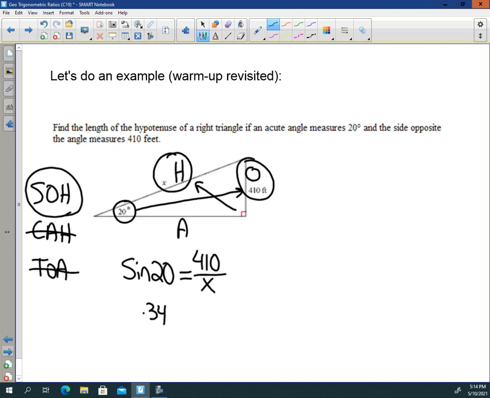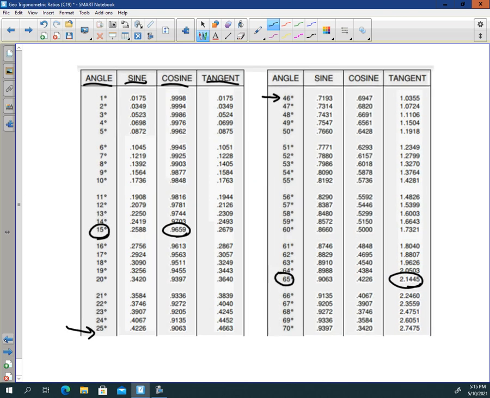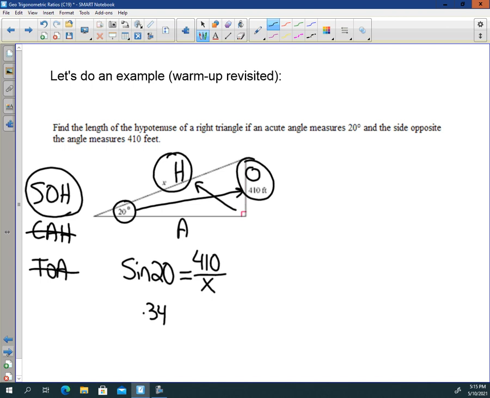If I had to go and look it up in a table, I could do that. Let's see, where's 20? Here it is. The sine is 0.34-ish. Close enough. We're having to round a bunch, but that's okay. Equals 40 over x. Now, whenever you want to clear out a fraction, you multiply by what's in the denominator. So I'm going to multiply both sides by x.